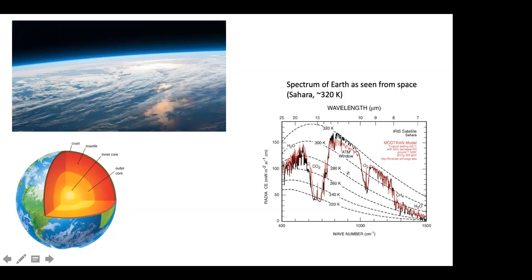So there is a continuum that is a black body that you would have expected, but a lot of absorption. This absorption is not by the solid Earth, it's by the atmosphere. So the light comes from the solid surface, but goes through the atmosphere and changes. In this case, it is absorbed at certain wavelengths because of molecular bands.